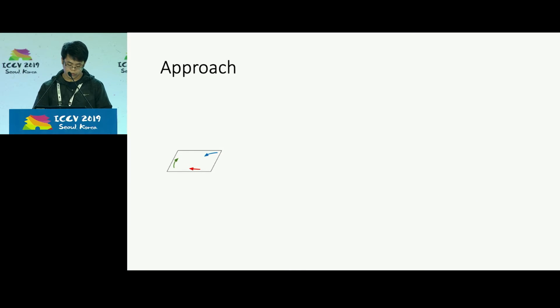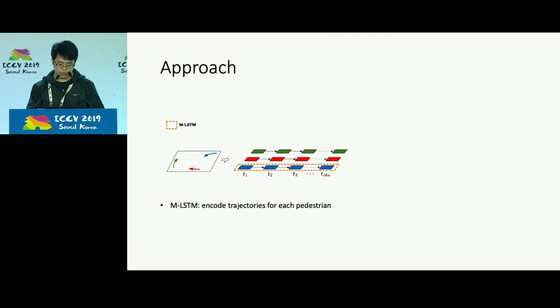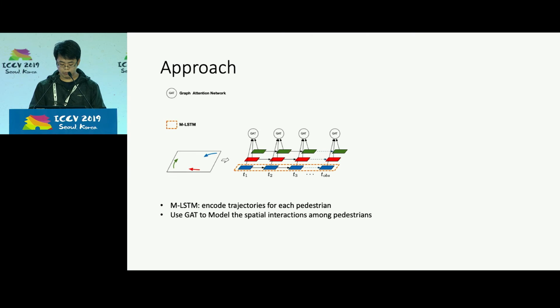Now, I will introduce our model. First, we use one LSTM for each pedestrian to get the motion state as in many previous works. At each time step, the motion state of each pedestrian is represented by the hidden state of the LSTM cell. And we use graph attention network to aggregate the motion state of each pedestrian to model the spatial interactions.